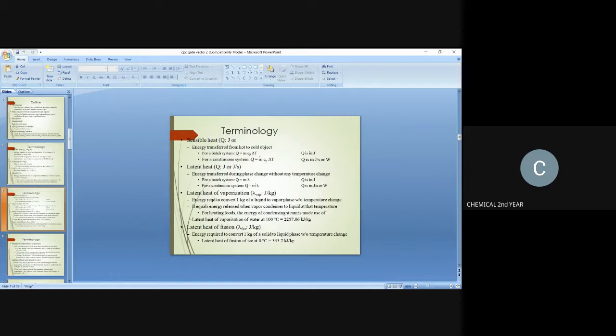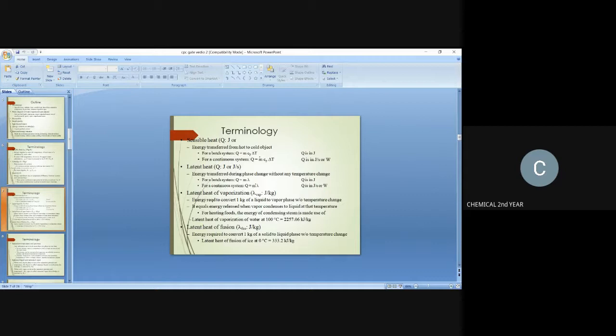For heating foods, the energy of condensing steam is made use of. The latent heat of vaporization of water at 100 degrees Celsius is equal to 2257.06 kilojoule per kilogram. These values are used in solving problems and GATE questions.